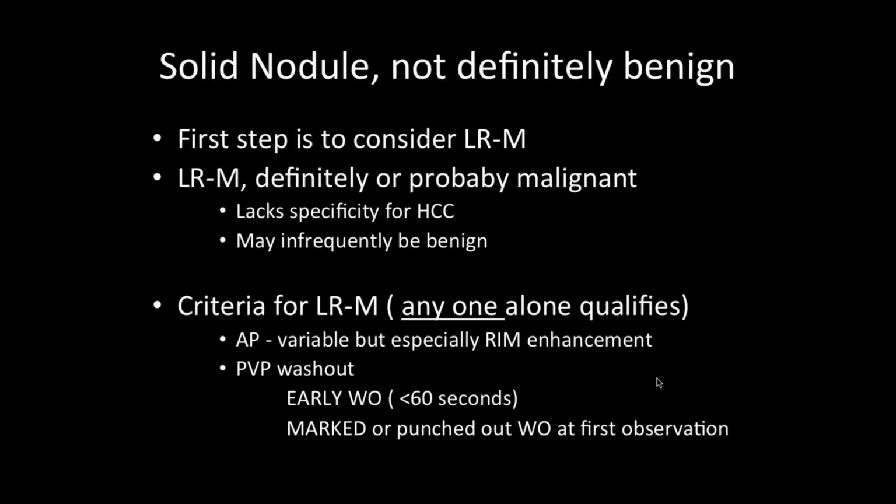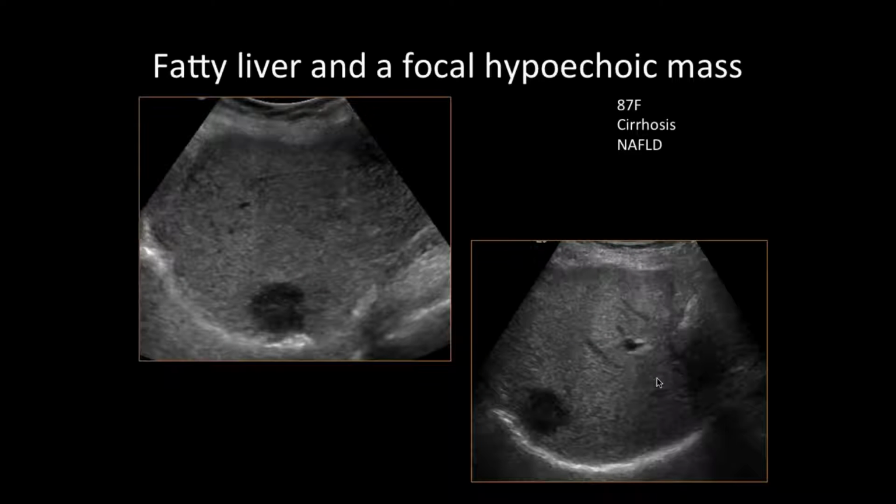Now, a very important issue for imagers is that any one of these observations alone qualifies the lesion to be LRM, and so this makes this very, very interesting and easy to observe.